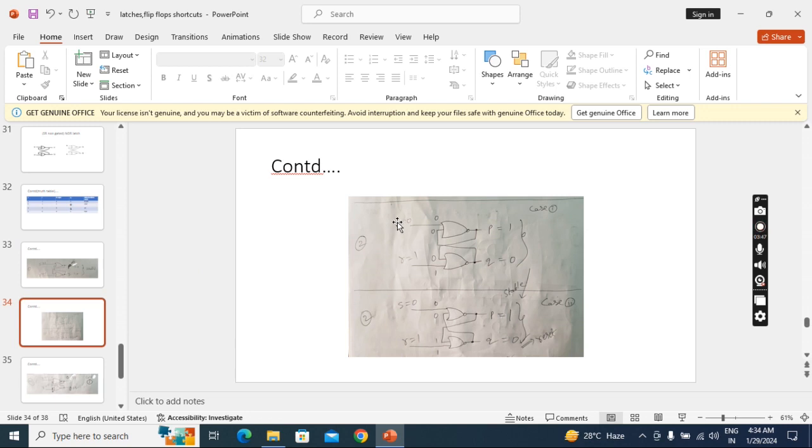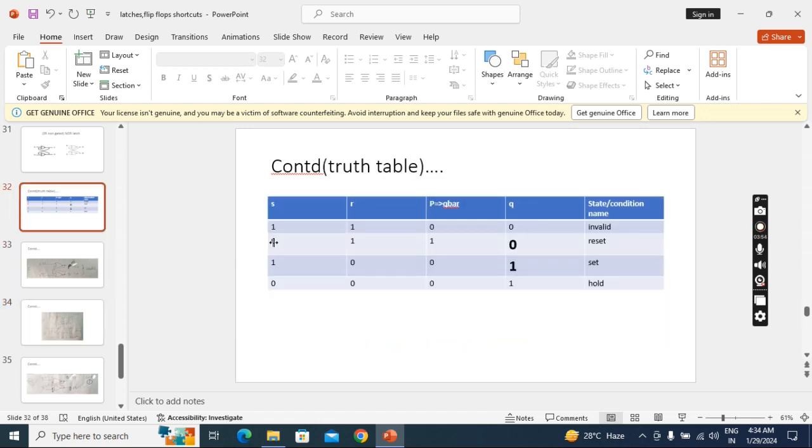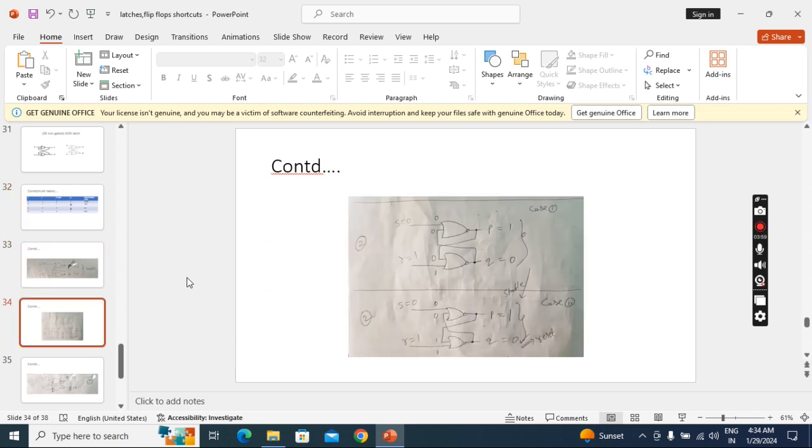Then coming to the second condition, S equal to 0, R equal to 1. Here I have started immediately with S equal to 0, R equal to 1. Observe this. Initially in the first case I am getting Q bar 1, Q 0. Then when I feed back with the same inputs maintained, I am getting Q bar 1, Q 0 again, so it is a stable output. So I am taking this as the final output.